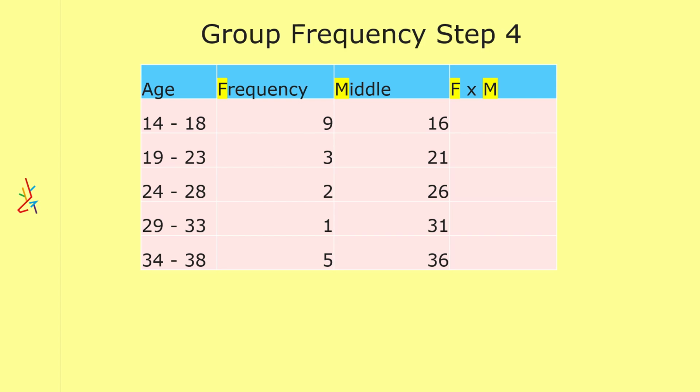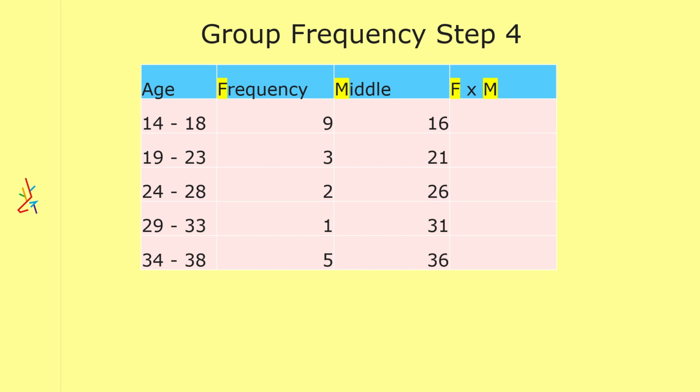Once you've done that, step 4, moving on to the F times M column. Now, if you notice, I've highlighted the letters F and M because they're the same letters as you get with the frequency and the middle, and it's literally telling you what to do. So F times M is the frequency times the middle.